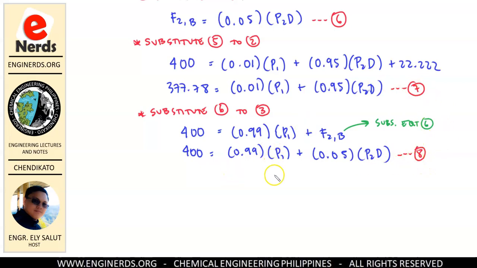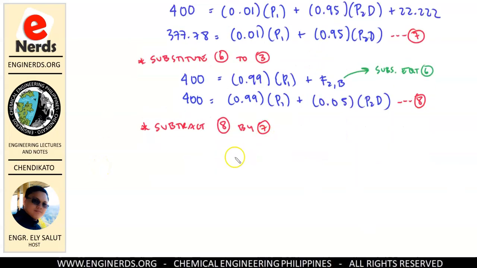Therefore, if I'm going to subtract itong ating equation 7 and 8, we will be able to eliminate one variable. Okay? So, let me subtract equation 8 by equation 7. So, sulat ko muna yung equation 8 natin. Our equation 8 is 400 is equal to 0.99 times P1 plus 0.05 times P2D.